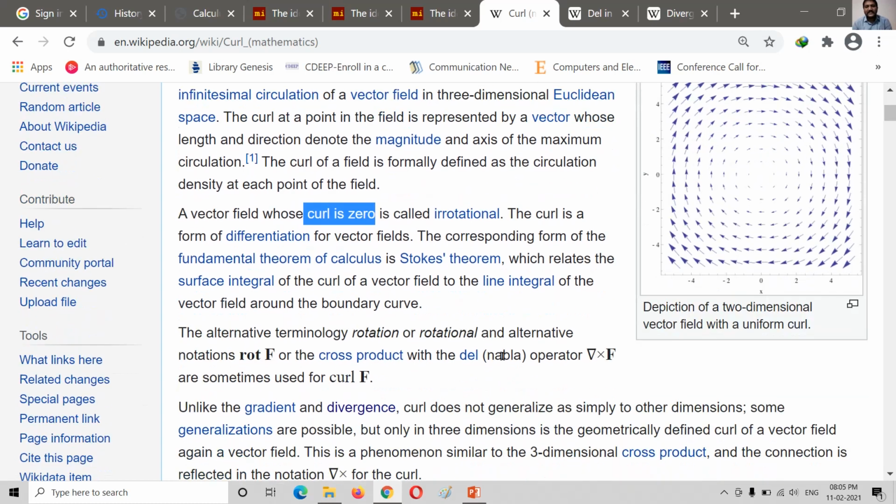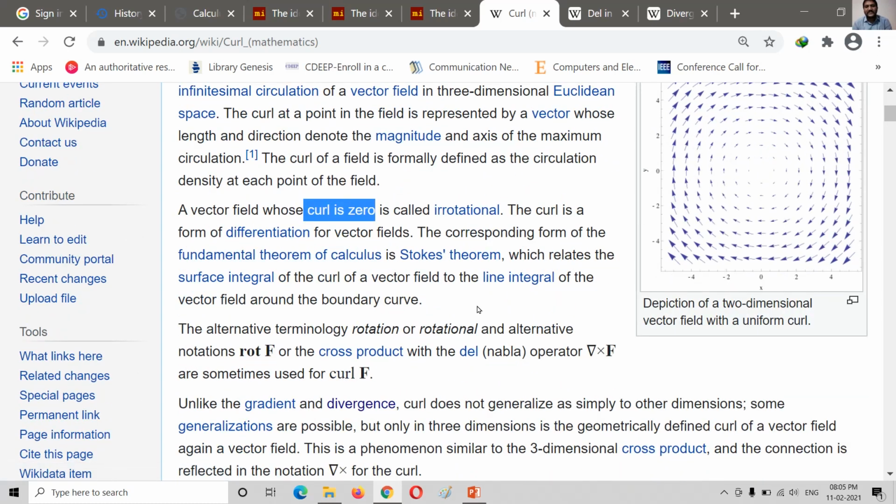So generally we can say that curl is represented as the cross product with the nabla operator, denoted by del bar cross f bar, and may be read as curl of f bar or rotational of f bar, or may be pronounced as del bar cross f bar.